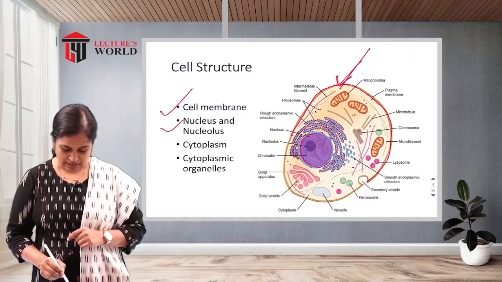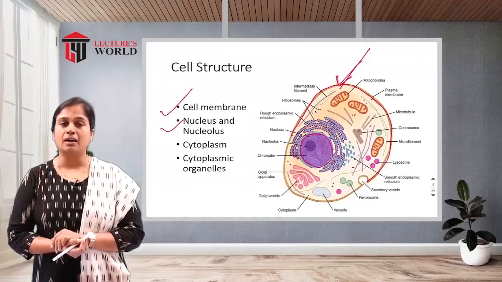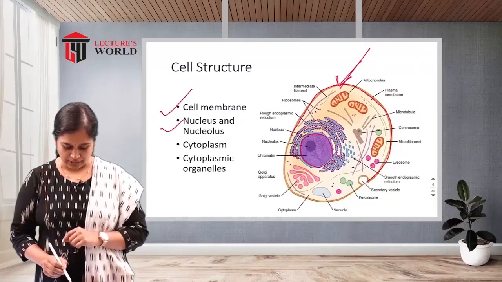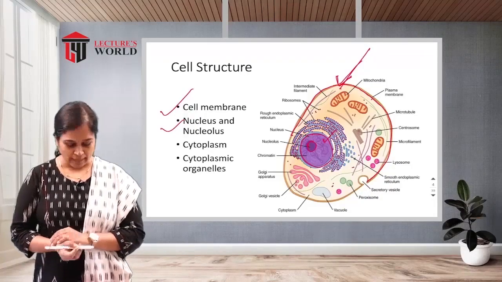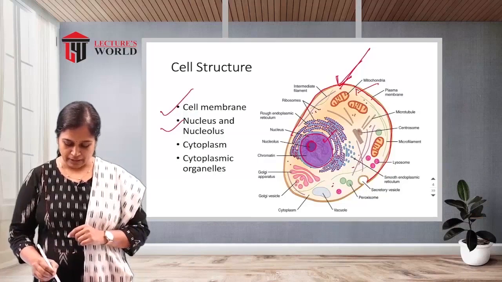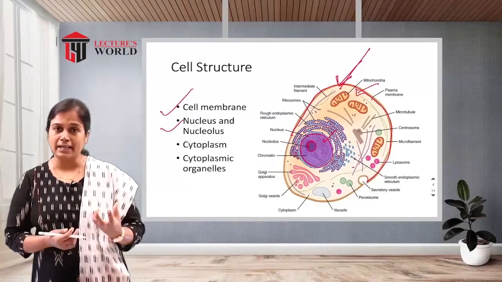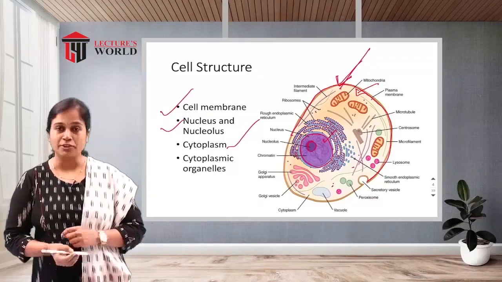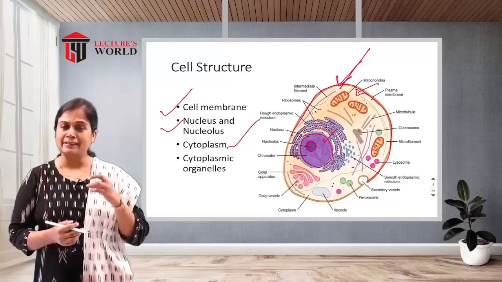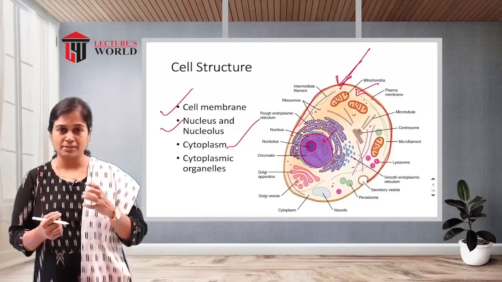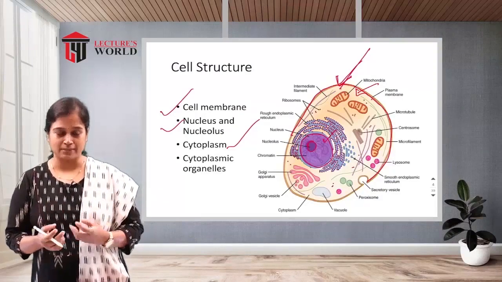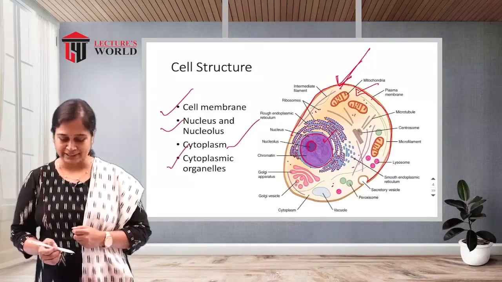This structure in the cell is known as the nucleus, and this is called the nucleolus. Then the fluid inside the cell is known as the cytoplasm, and the small minute organelles which float in the cytoplasm are known as the cytoplasmic organelles.